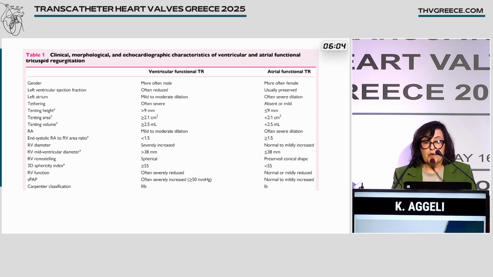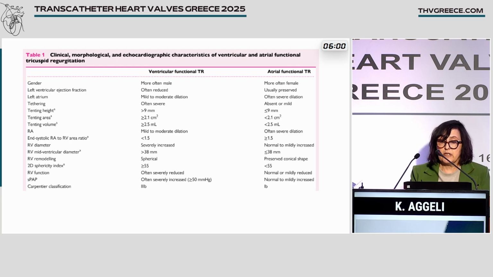And we have already demonstrated that ventricular tricuspid regurgitation and atrial functional regurgitation have not only different clinical and morphological characteristics, but also different echocardiographic characteristics. Tethering is more severe in patients with ventricular functional tricuspid regurgitation compared to atrial.